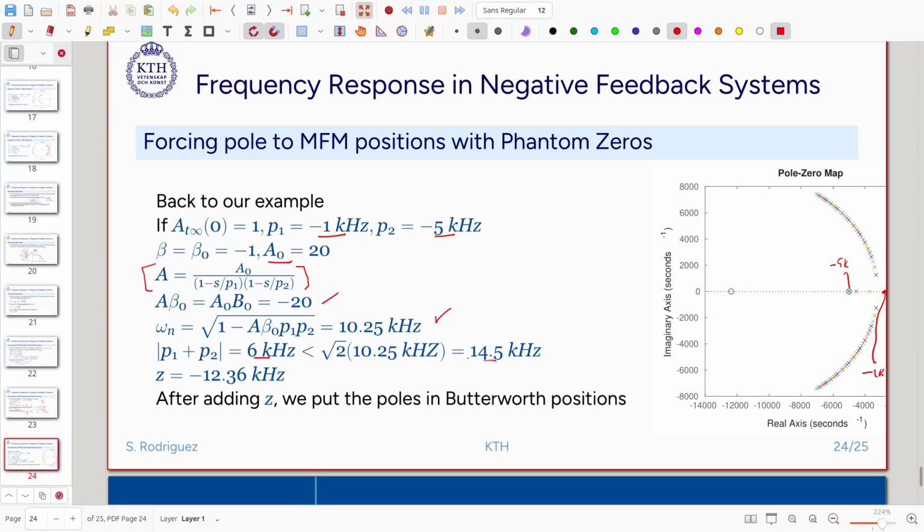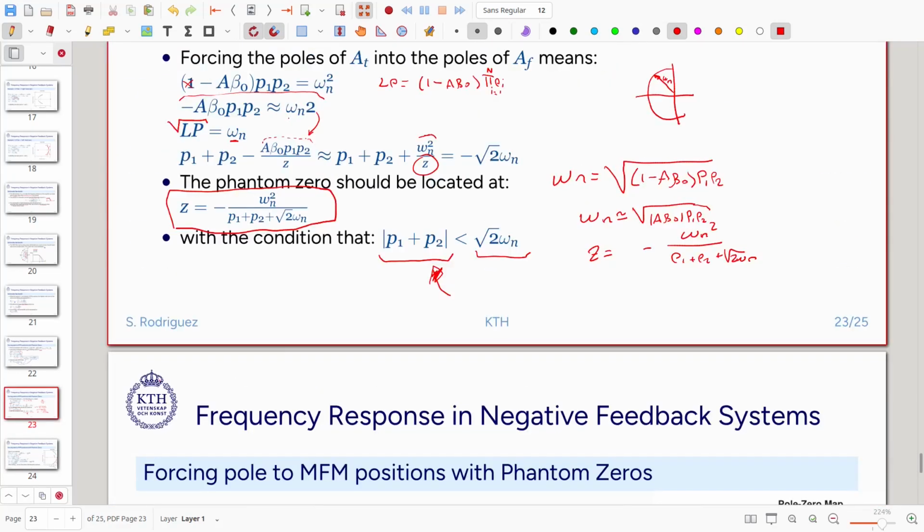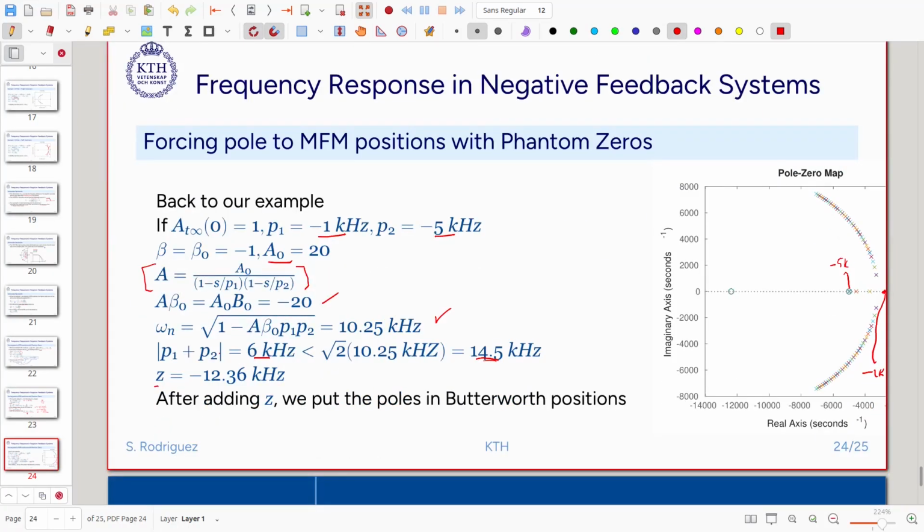That is correct. That means that I can put a phantom zero that can manipulate the poles into Butterworth positions, and then I do the calculation for zeta using my equation here, and that gives me a value of minus 12.36 kilohertz. So I can put the zero here. So after adding the zero, we put the poles in Butterworth position.